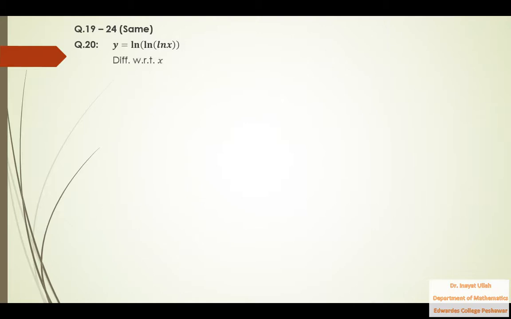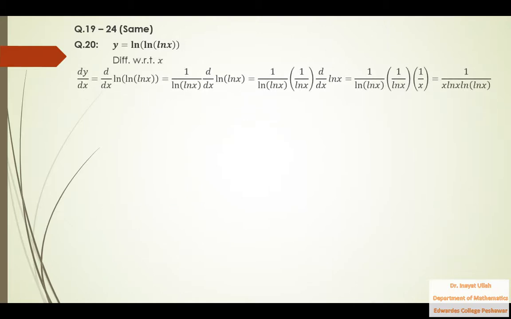Differentiating this function with respect to x, dy/dx is equal to d/dx of log of this whole function. So log of u, this whole is u, the derivative of log of u will be 1 by u, into the further derivative of this u.